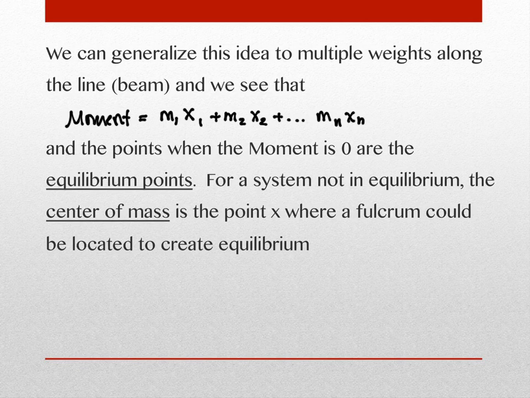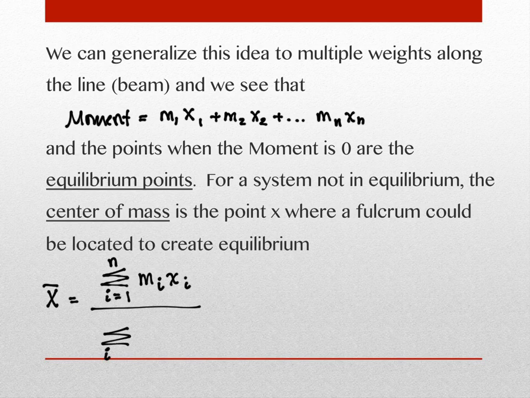This location, this balancing point, is found by taking the summation, that's the Greek letter sigma, from i equals 1 to n of the mass times the distance, those are subscripts of i, and dividing it by the summation from i equals 1 to n of the masses. Okay, so just jot them down.